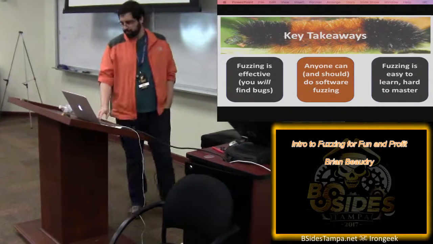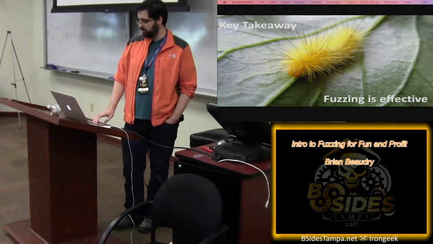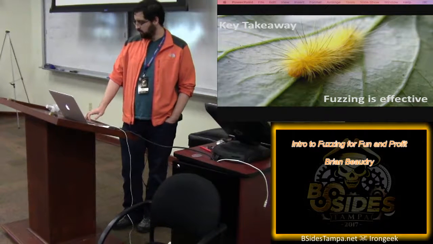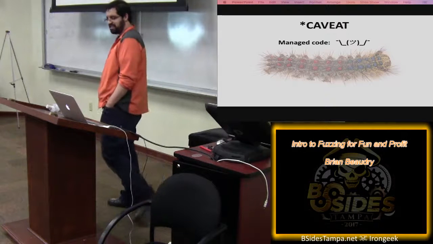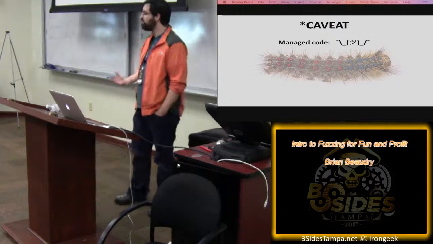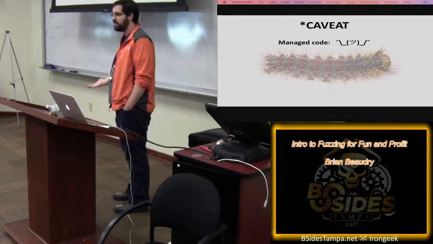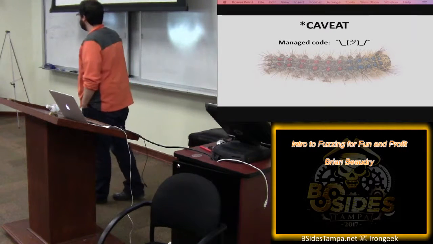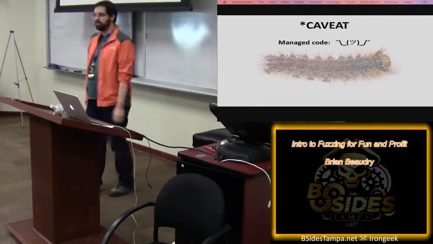Taking a look at key takeaway number 1: fuzzing is effective. I had to add a little caveat here. Fuzzing is effective, especially when you're running against native code versus managed code. Managed code is like .NET or Java.